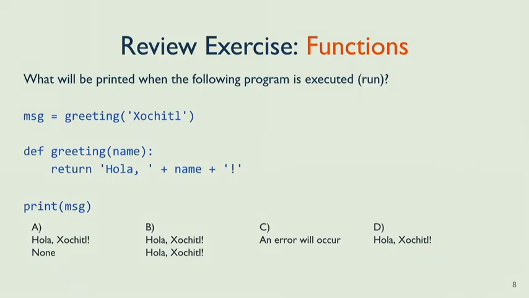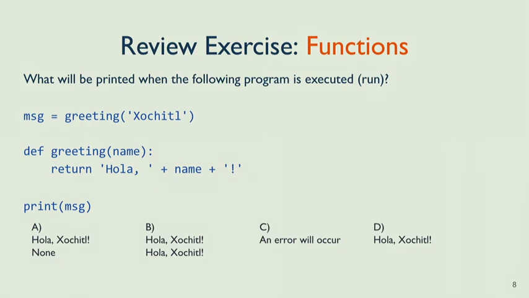It's going to return something, right? It's going to grab the string, hola, the name. It's going to give it back to someone else. And it's going to give it back to message. And then it's going to print hola. Oh, it's going to print 2 times, right? Or no? Let's count how many times it's printing here.